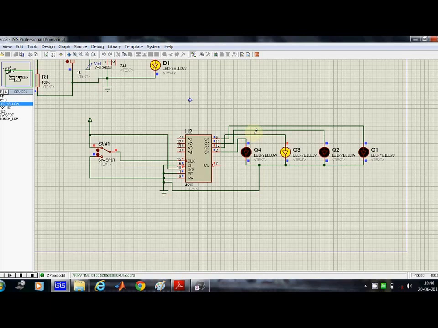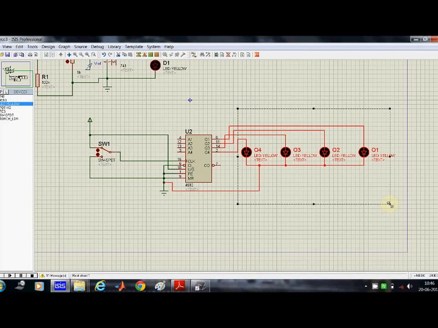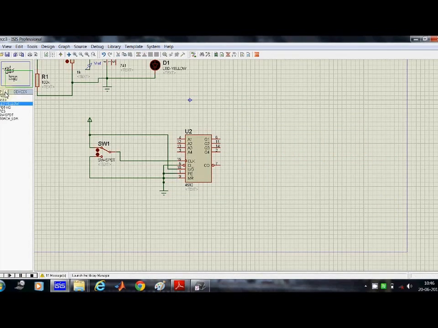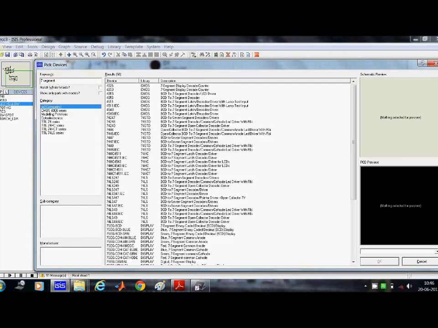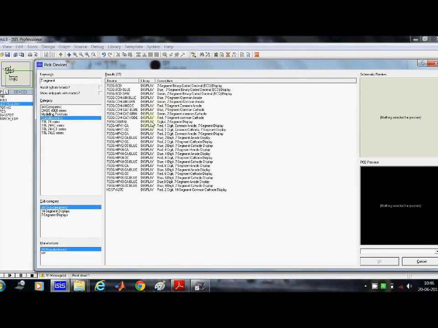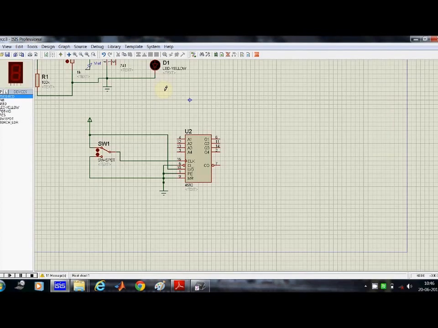So in simulation we are having that, but in the real world I'll be using another IC which will decide the output. So I take another device named as segment. This is the 7 segment binary coded decimal display.